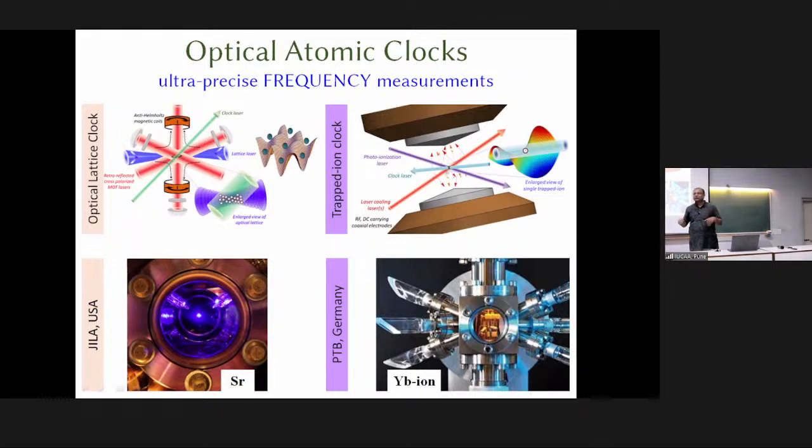But from the experimentalist's point of view, the two are very different to achieve technologically. For neutral atoms, to trap and cool them you use techniques like magneto-optical trapping and laser cooling, as I described. But for charged particles like ions, you cannot use magneto-optical trapping. Well, it's not entirely true. You can probably use it, but charged particles are much more energetic, so it is not an efficient technique.